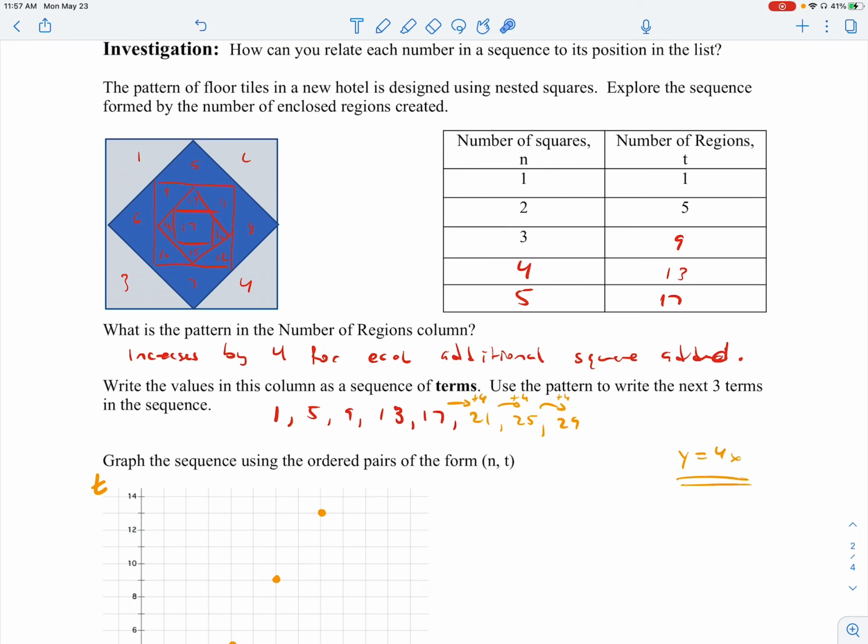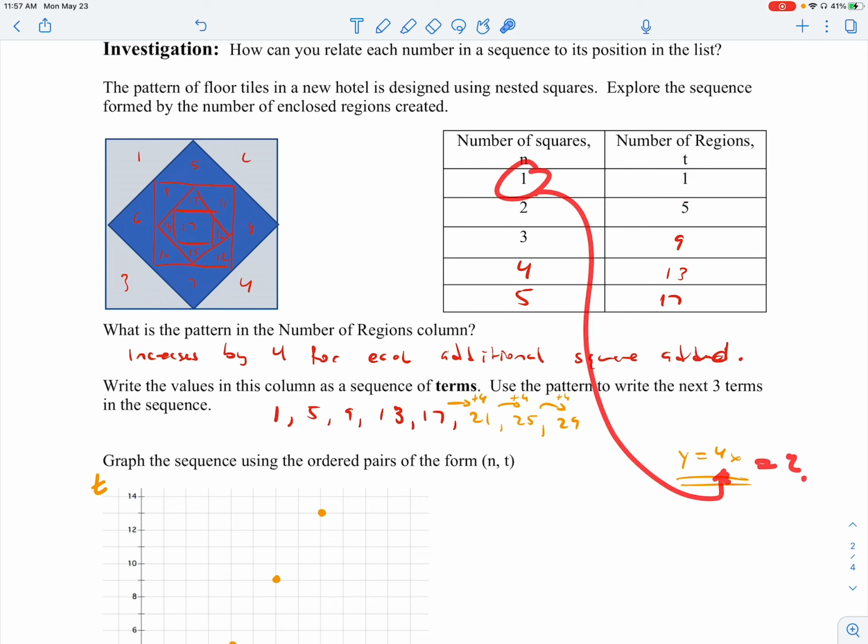Notice though that this doesn't work here. If you were trying this on your own, you probably realized that if I plug 1 in for x, I get 4 out, and that's not the same number here. It's actually 3 less. And same thing here: if I plug 2 in, I would get 8, and my answer is 5, so again I need something 3 less.